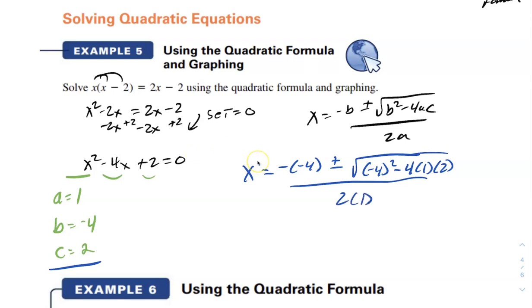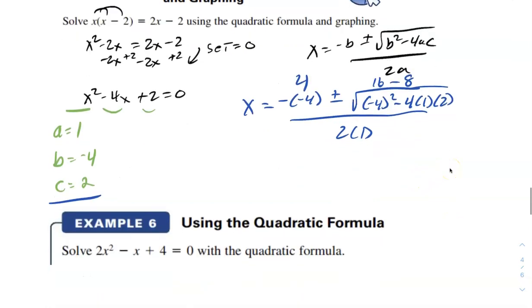So negative negative 4 is a positive 4. Now you're squaring this. Please keep in mind when you square a negative, it becomes a positive. This is negative 4 squared, so that is 16, minus 4 times 2, which is 8. So let me write it a little nicer. I get 4 plus or minus radical 8, since 16 minus 8 is 8, all over 2.